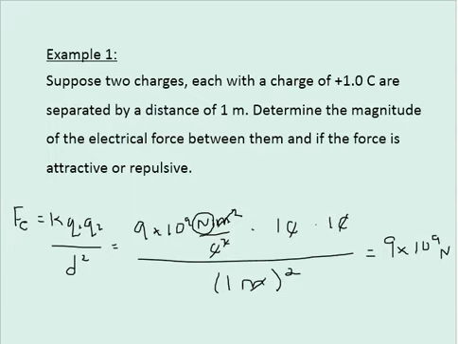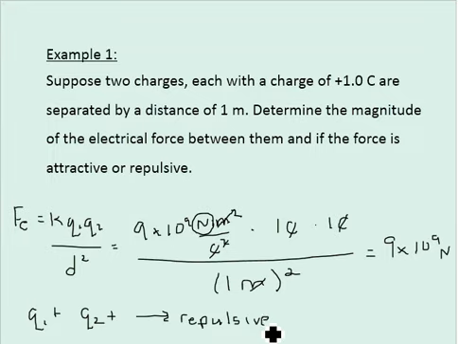Now we would go back and say that's the size of the force, but we want to know whether or not this is an attractive force or repulsive force. Well, we want to look at it. Q1 is positive, Q2 is positive. So as a result, we have like charges, so our force is one of repulsion. They will push each other away with that force.